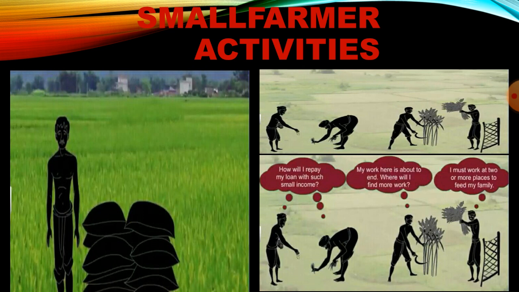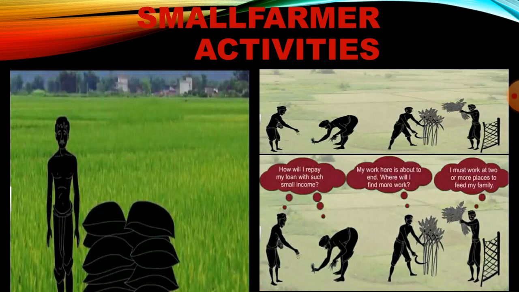The activities shown are the sowing and the harvesting of land. When the farmers are working, they think, because they have taken the loan from the rich farmers, how will I repay my loan with such small income? Because they are taking only wages.